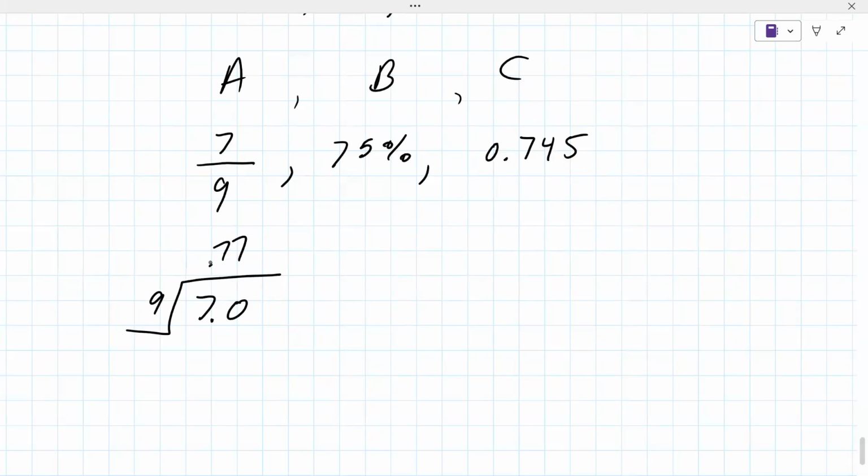And then the next one is 0.75. The next one is 0.745. So from least to greatest is CBA.